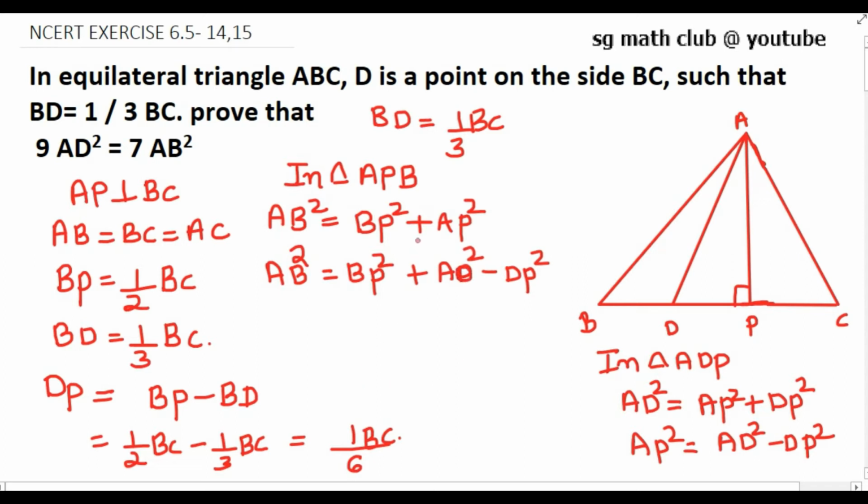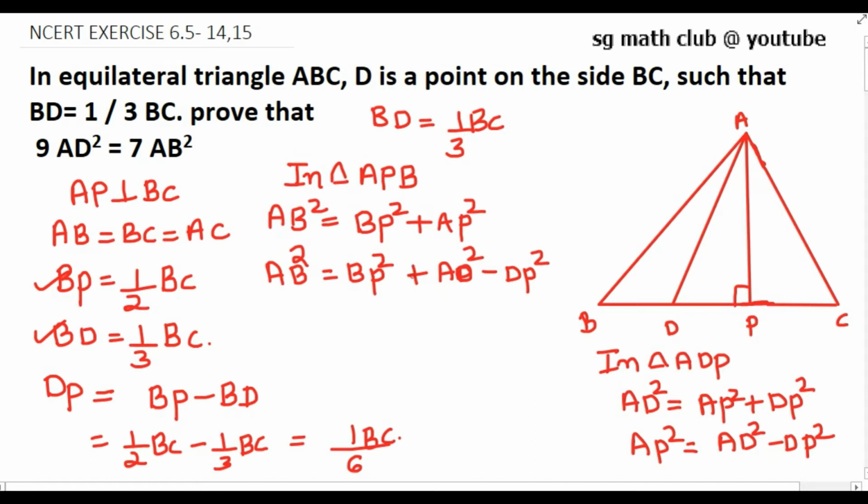Here we have used the relation they have given, and we have constructed one perpendicular line. So we got these two relations, and DP in terms of BC I have written as 1 by 6 BC. BP is nothing but 1 by 2 BC.